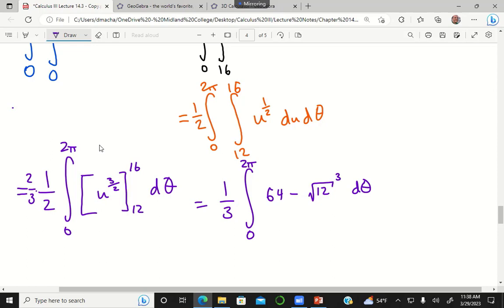Maybe 24 root 3. Probably, because it would be 2 times root 3 all cubed, so it would be 8 times 3 times root 3. Yeah, 24 root 3.